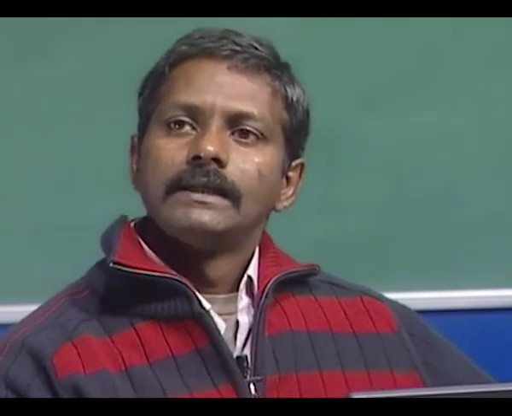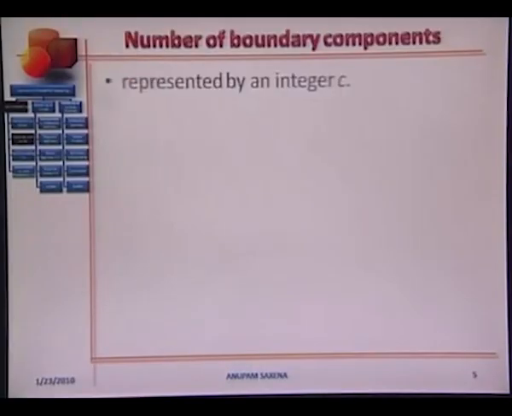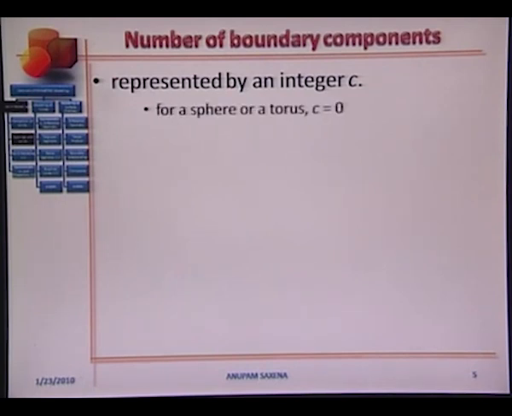First, the number of boundary components. The number of boundary components is represented by an integer c. For a sphere or a torus, there are no boundaries, and therefore c equals 0.